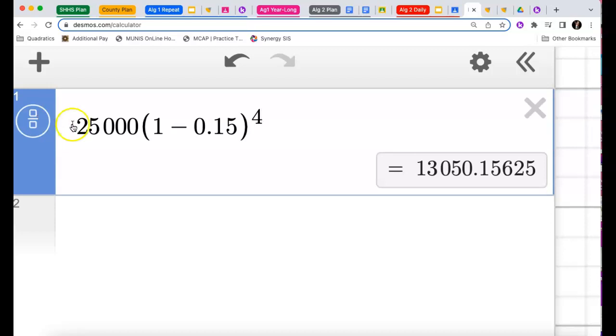This is what it looks like when you type it in, 25,000, parentheses 1 minus 0.15 to the 4th power. So we're talking about money, so we only need to go over to that second number. So this 6 is going to round this 5 up. So this is going to be $13,050.16.